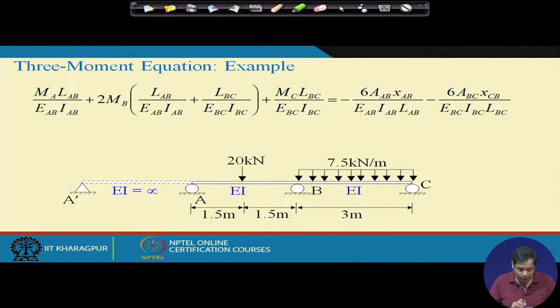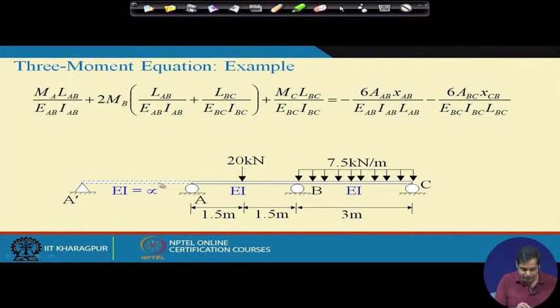Now, when we apply the three moment equation at point A, we need to consider the spans A dash A and AB. Irrespective of the length of A dash, there is no length written here. What is important here is that their flexural rigidity is infinite.